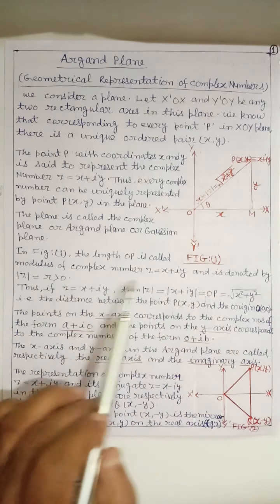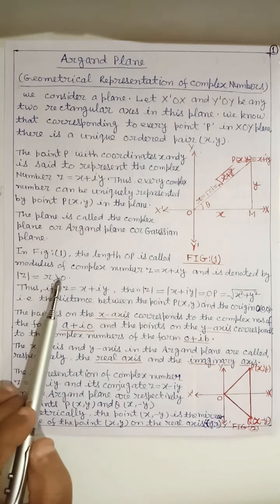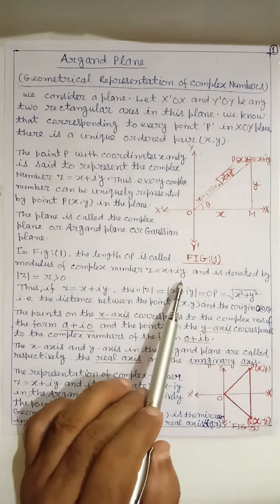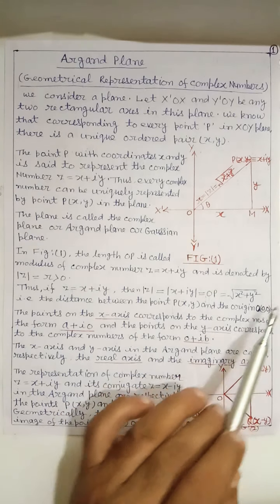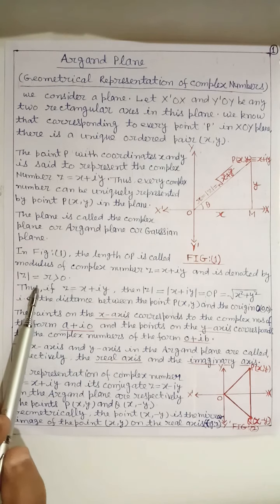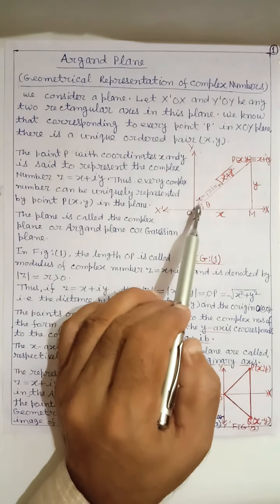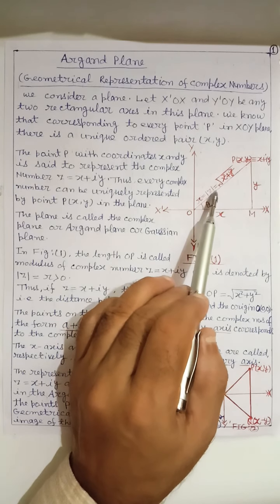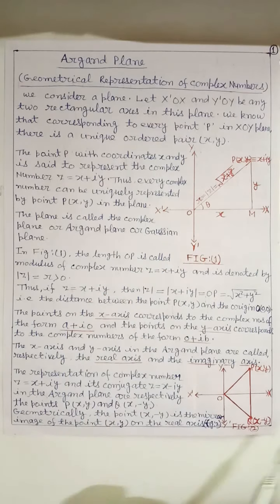Dear students, in figure 1, here the length OP is called the modulus of the complex number z equal to x plus iy, and it is denoted by mod z equal to r greater than 0. Here r equal to mod z, or modulus of z, equal to square root of x square plus y square.